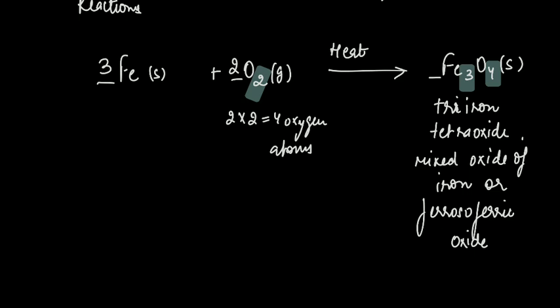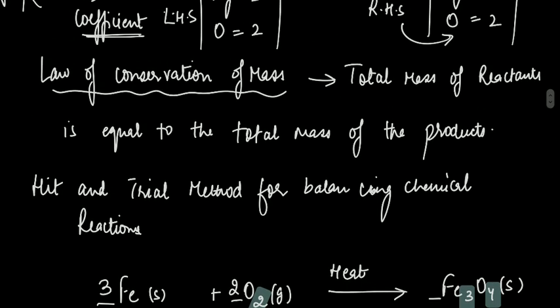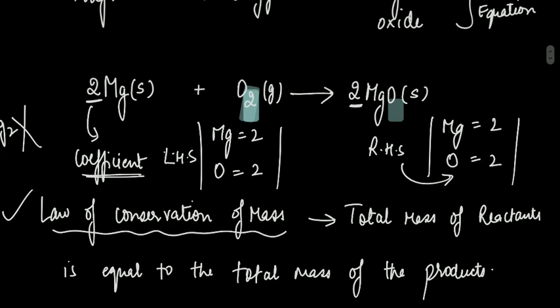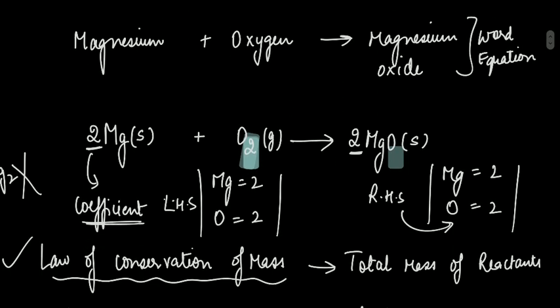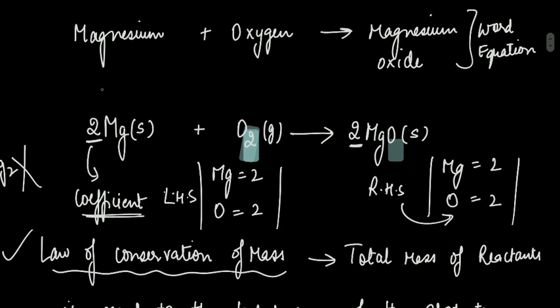Then if we go to the masses part, if we need to justify that the reaction is also following the law of conservation of mass, we know that the mass of magnesium is 24. So its gram atomic mass is 24. Gram atomic mass is nothing but atomic mass expressed in grams.